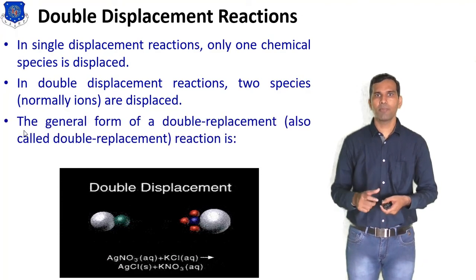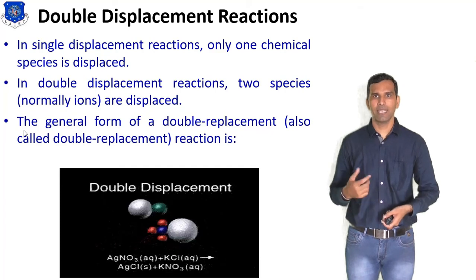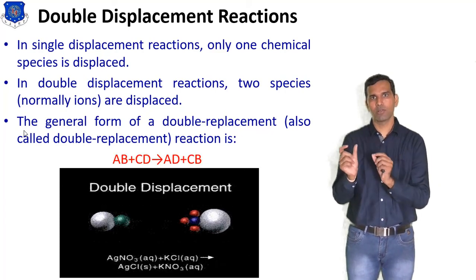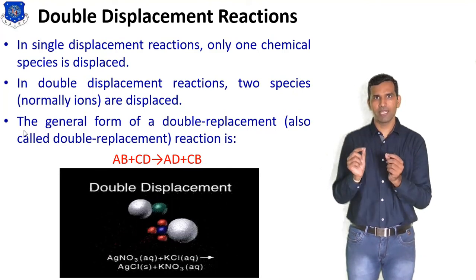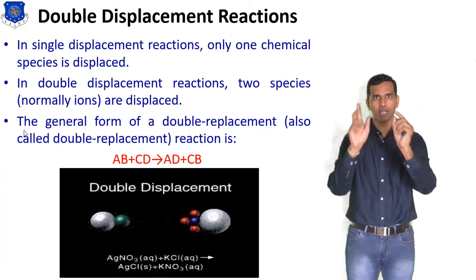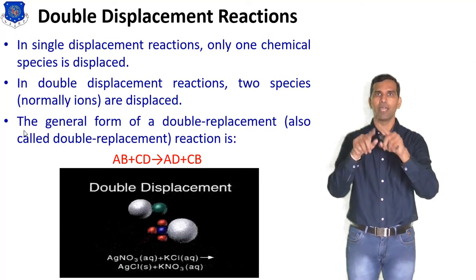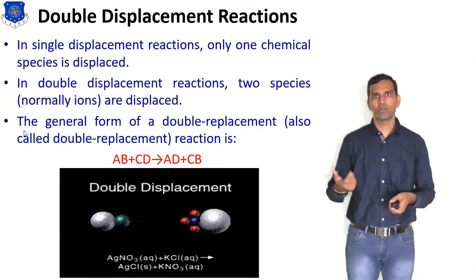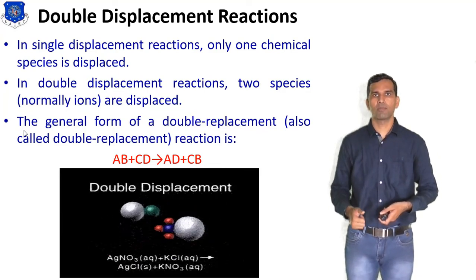The general form of a double replacement or displacement reaction is AB plus CD equals AD plus CB. Here A combines with D and makes one product, and C combines with B and makes another product. So we get two products. This is the general equation of a double displacement reaction.